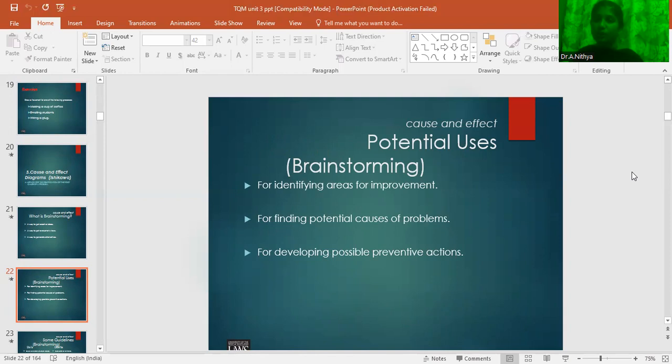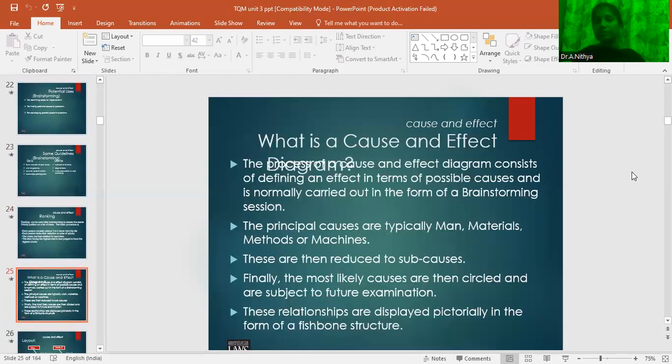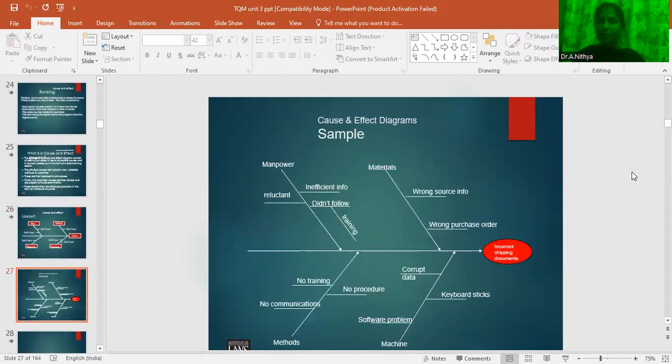We also have some guidelines for brainstorming, the do's and don'ts. This is the diagram for cause and effect. Since it looks like a fishbone, we can call it a fishbone diagram also. This is another example.